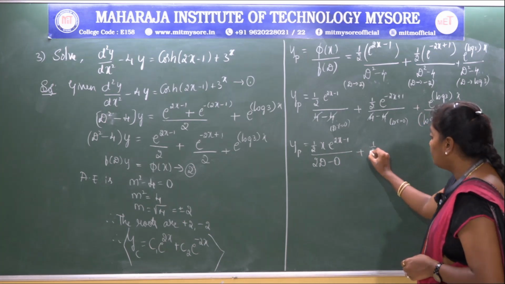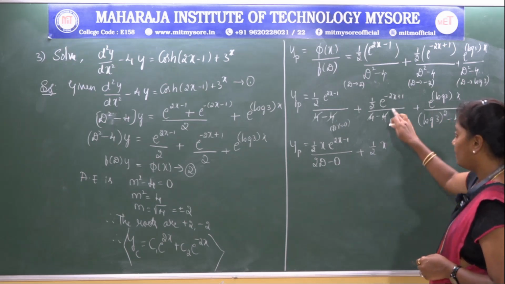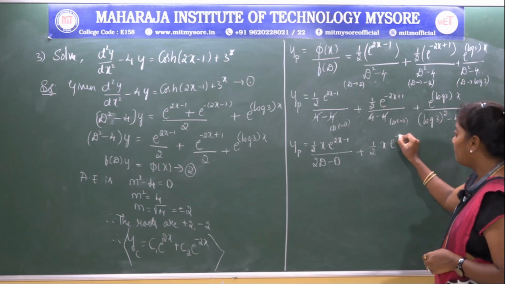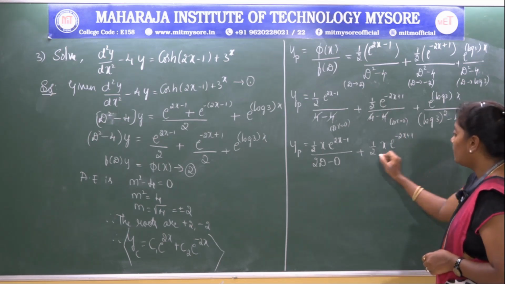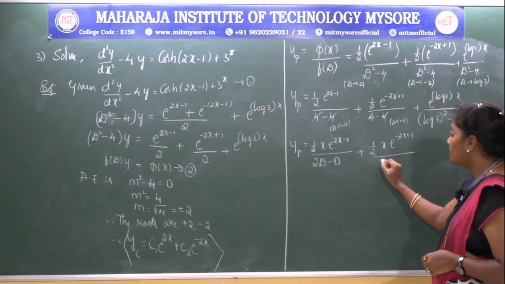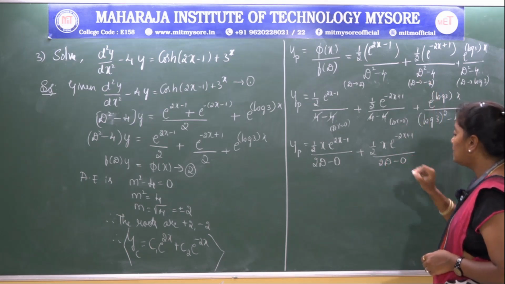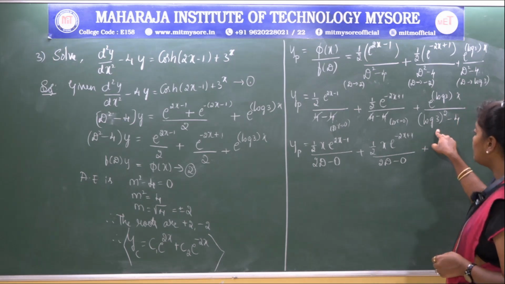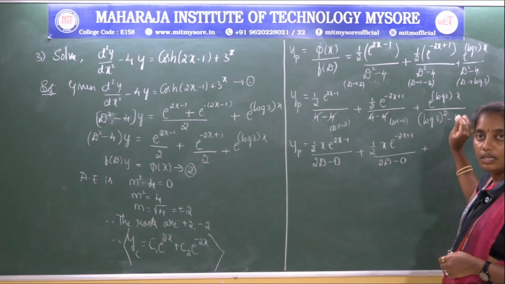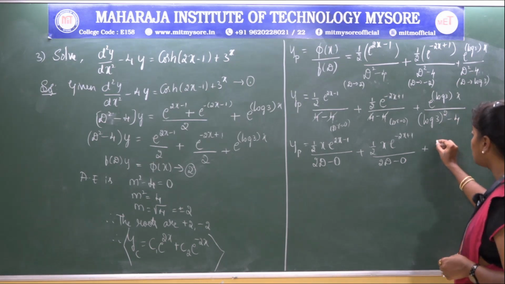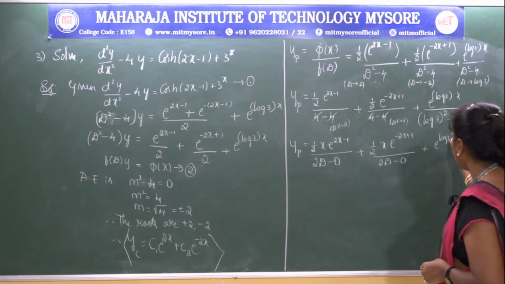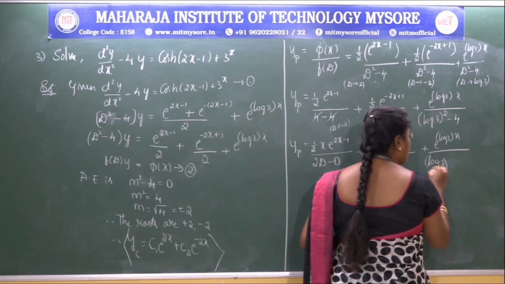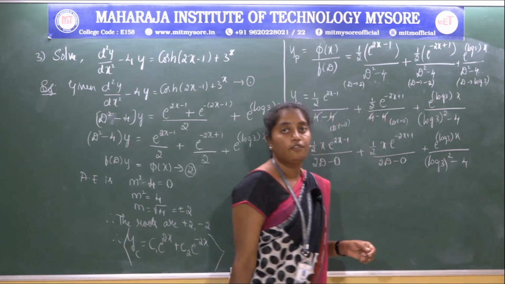Second term 1 by 2 x, since denominator 0, we have to multiply x to the numerator, e power of minus 2x plus 1. Again differentiation of d square is 2d minus, for a constant term it is equal to 0. And since last term denominator not equal to 0, that is the solution, that remains as it is, e power of log 3x divided by log 3 whole square minus 4.